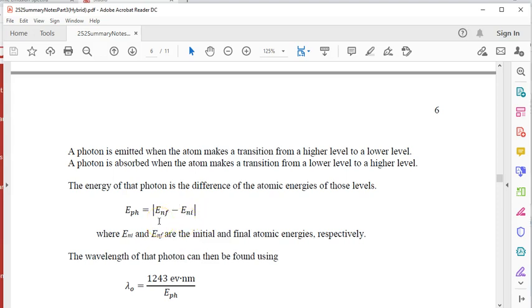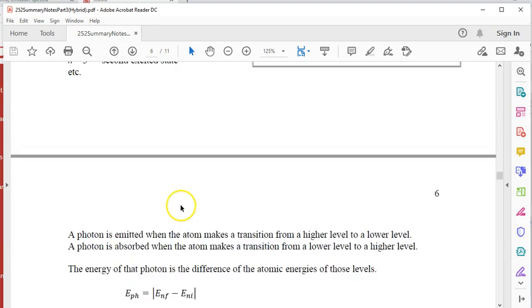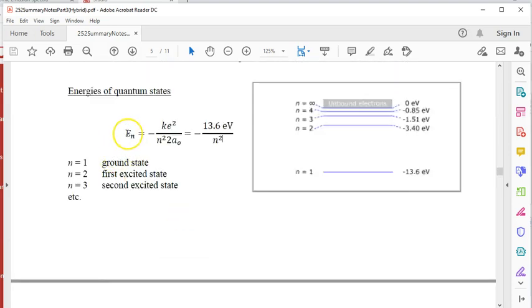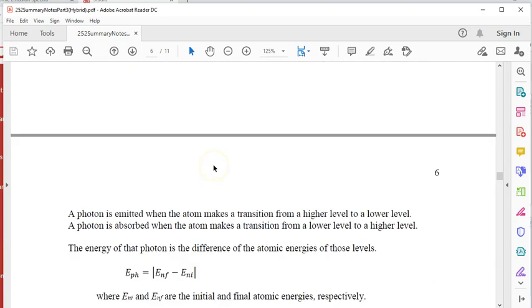Now, don't get the photon energy confused with the atomic energies. I'm referring to the atomic energies with the subscript nf for final and ni for initial. That E sub n is my reminder. I'm talking about the atomic energies, which are minus 13.6 eV over n squared.